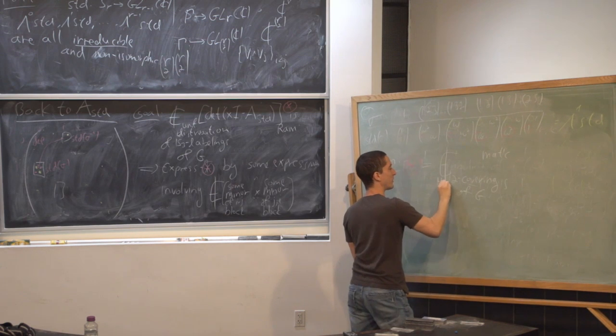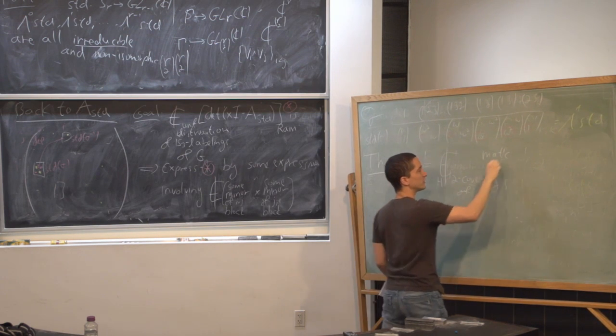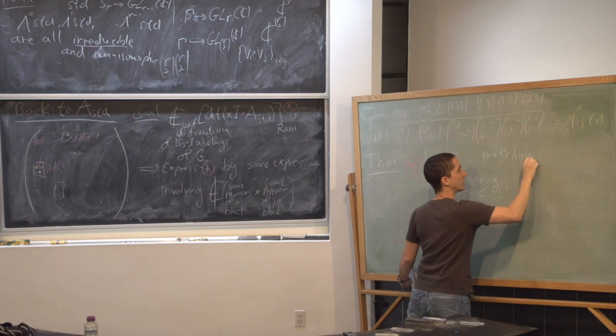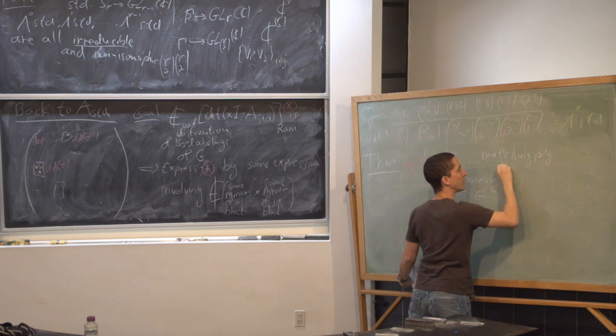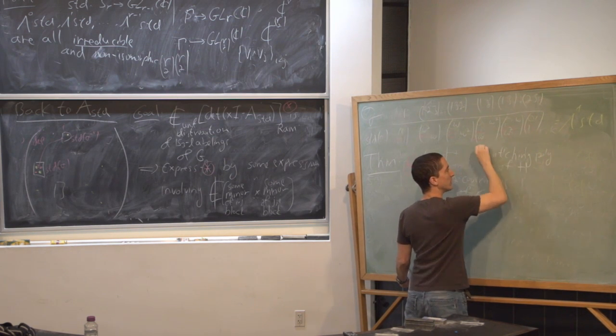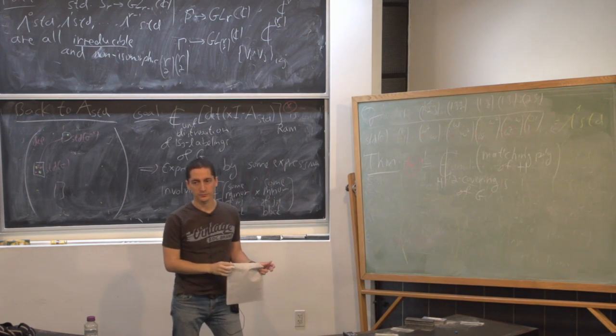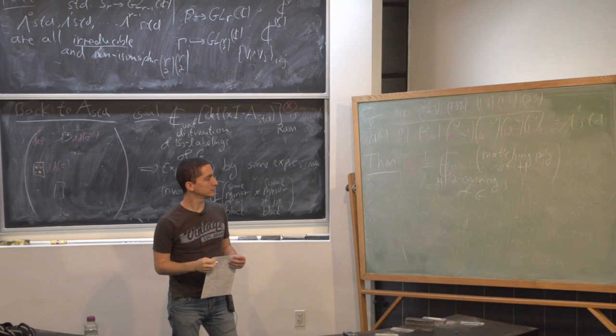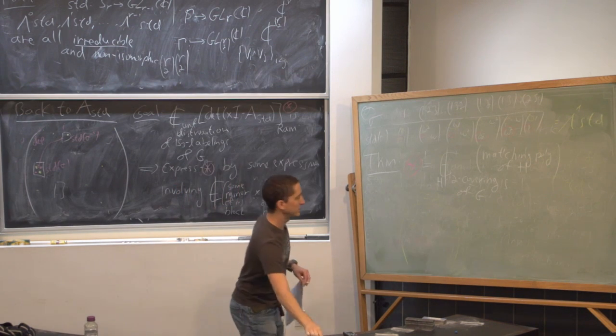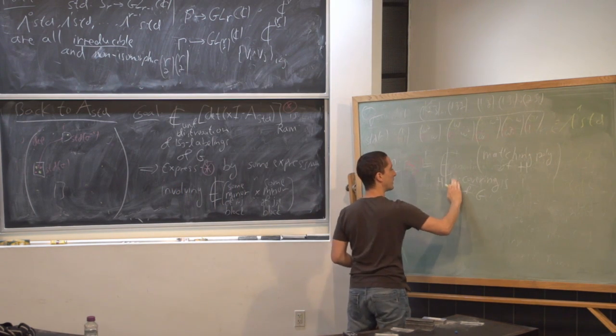Now we are talking about general R, so this is R minus 1.